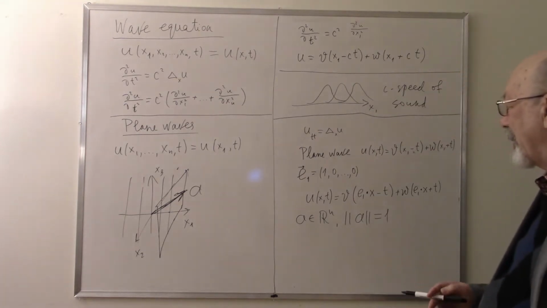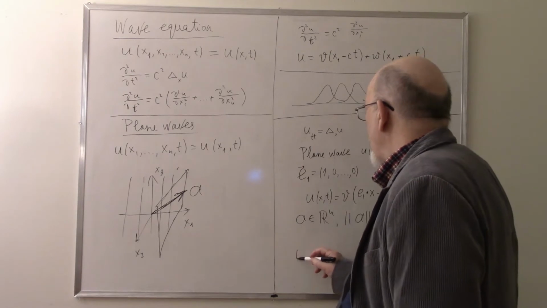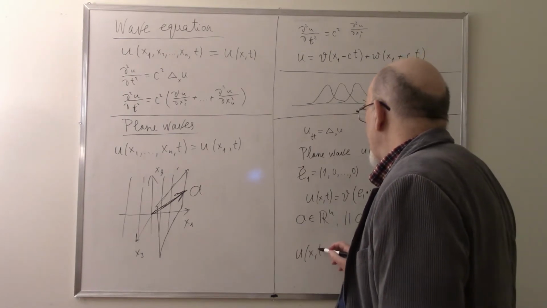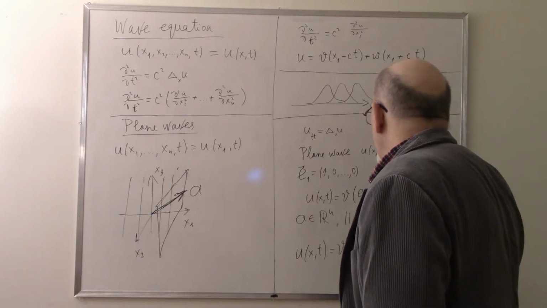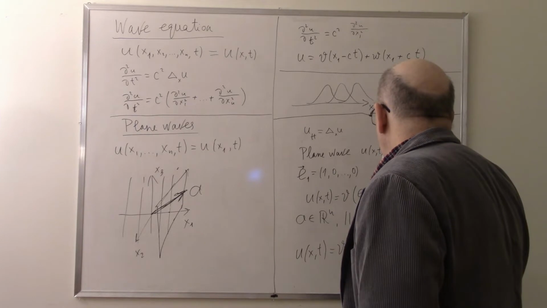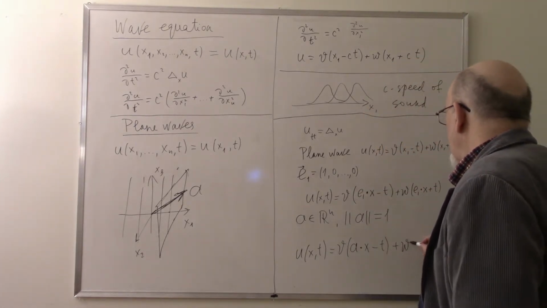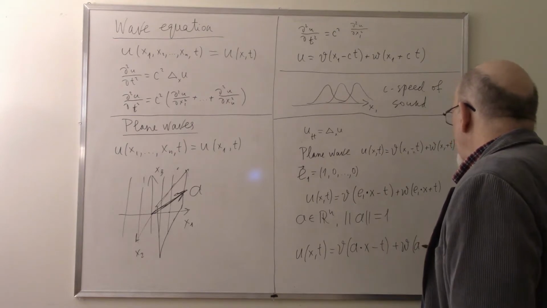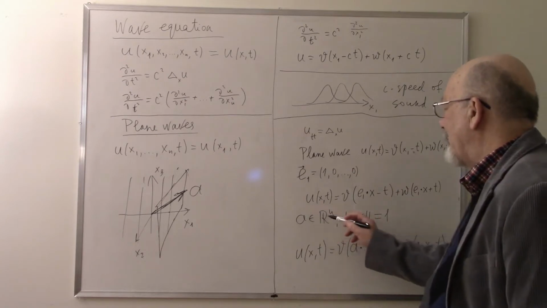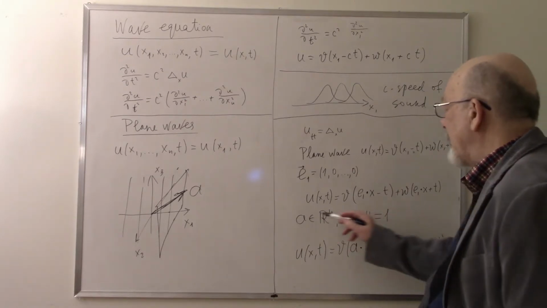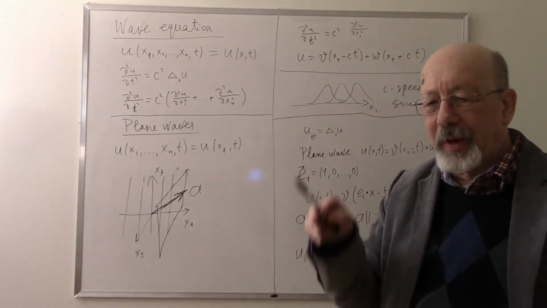So I take this vector, and then I can write the function u of x, t equals v of A dot x minus t plus w of A dot x plus t, where A is arbitrary vector. In fact, it is a vector whose tip lies on the unit sphere of radius 1.